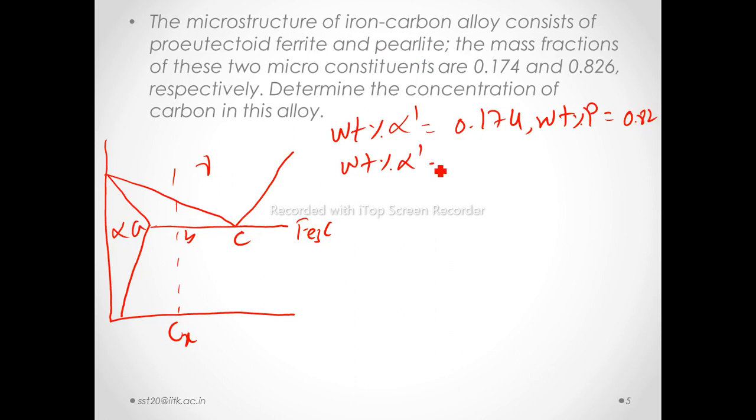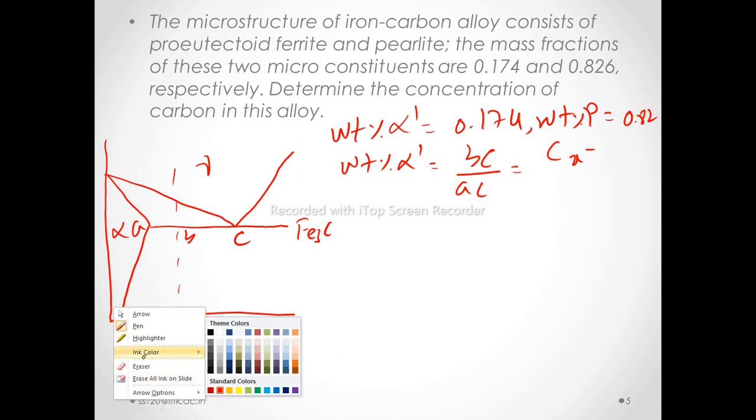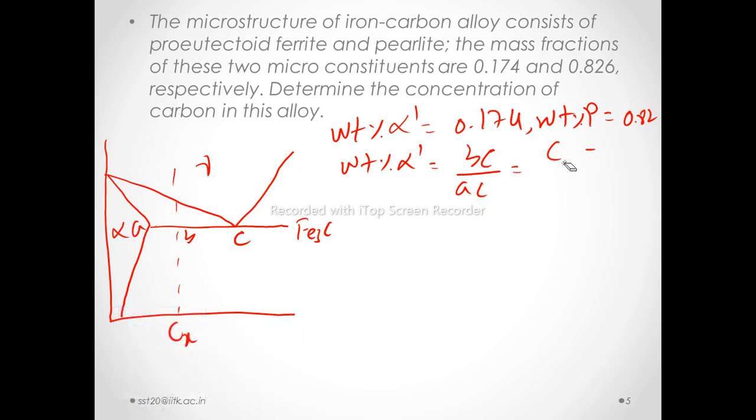Okay, so alpha ferrite is given as BC divided by AC. That means we don't know the value of this distance BC, Cx; this value will be the lesser value.